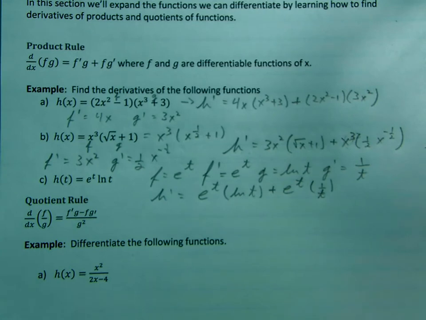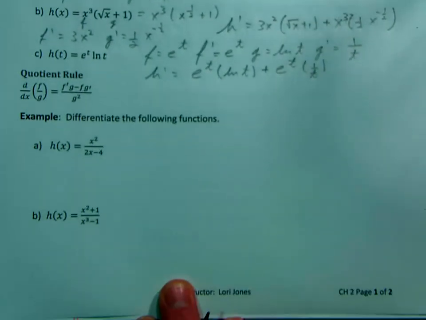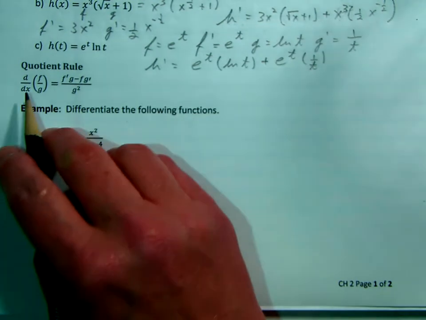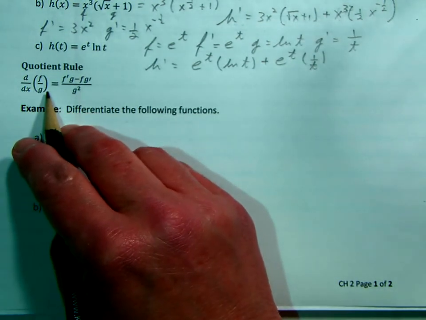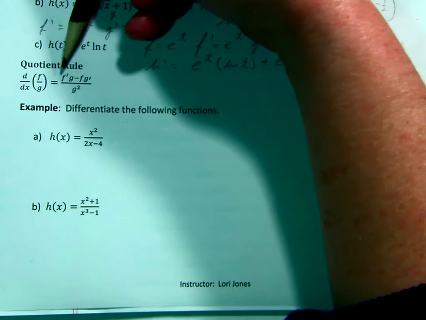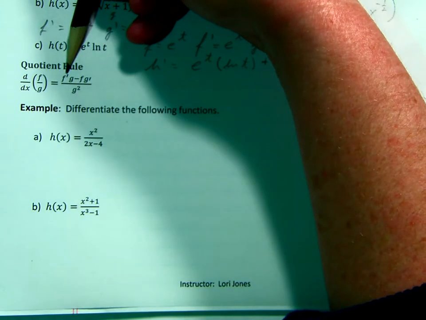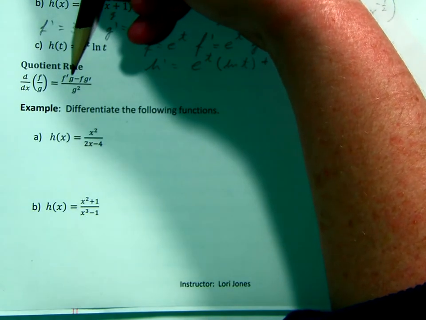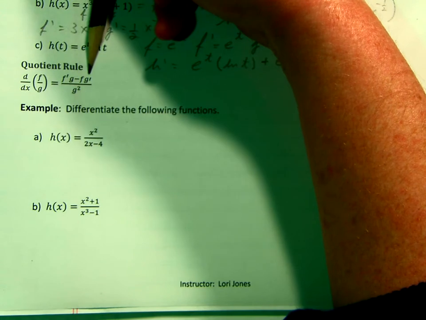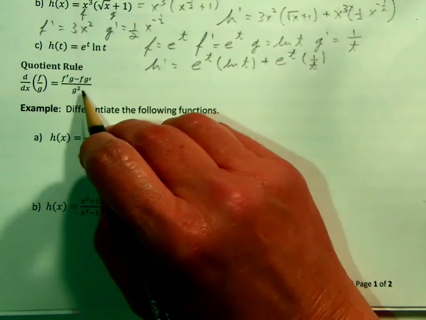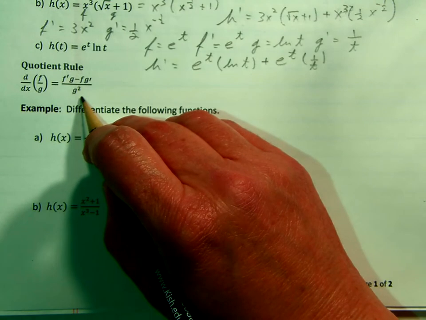Let's take a look at the quotient rule. The derivative of a quotient of two functions is the derivative of the numerator times the denominator minus the numerator times the derivative of the denominator all over the denominator squared.